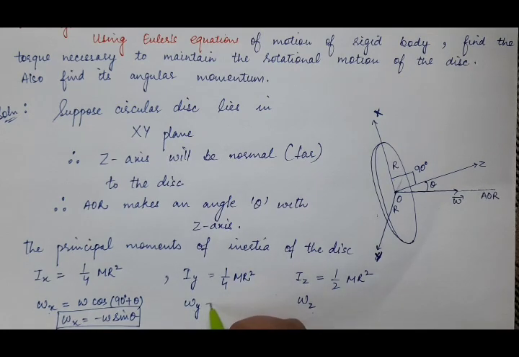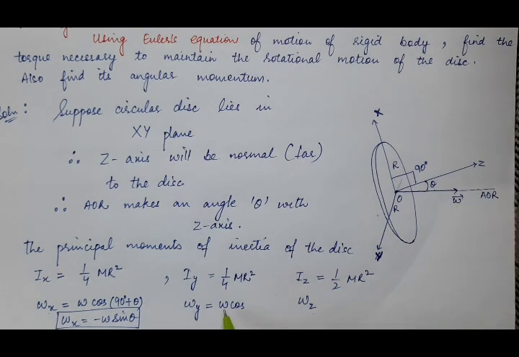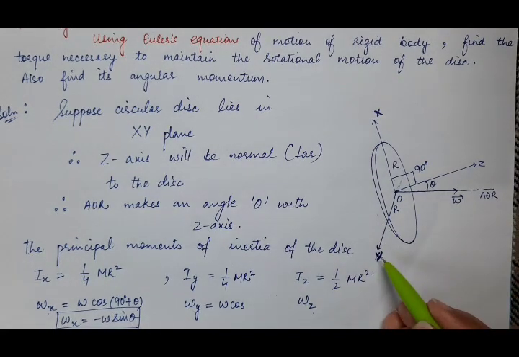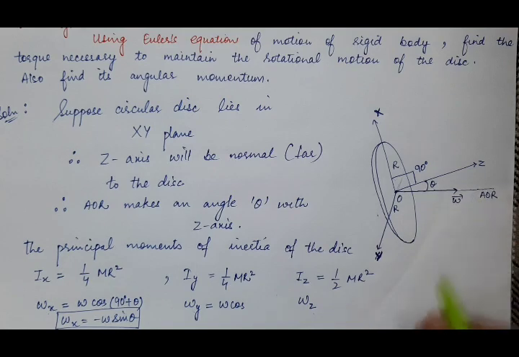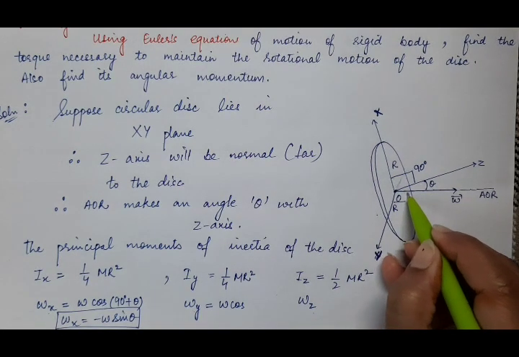Then what about omega y? The y component of the omega vector. It will be omega cos. Now what is the angle between the omega vector and the y-axis? This is the y-axis, this is the omega vector, and its angle is 90 degrees.